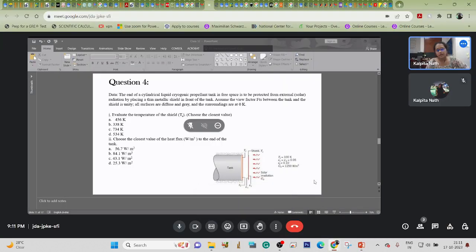Here we have to do the energy balance again for that shield surface, between the incoming radiation and the outgoing radiation. If we do that, we can solve for this temperature, and we can also get the heat flux from that.